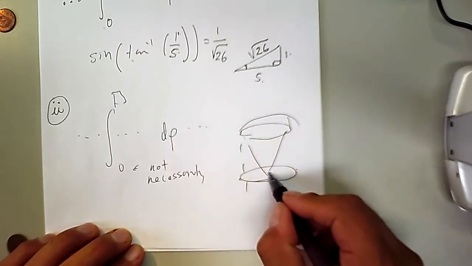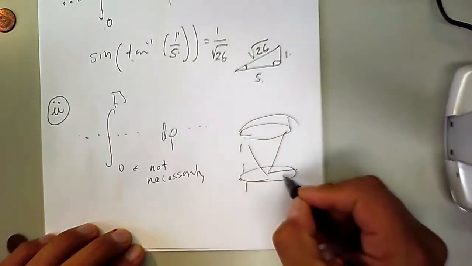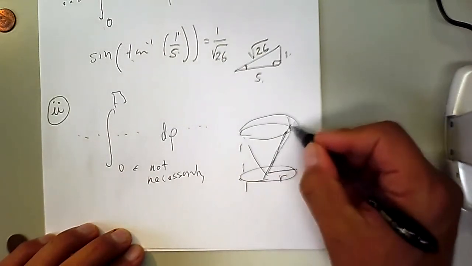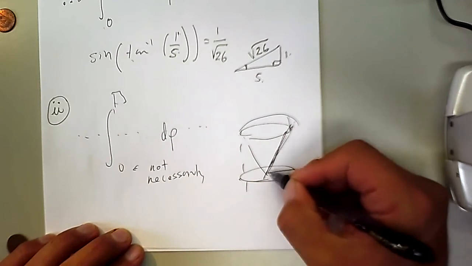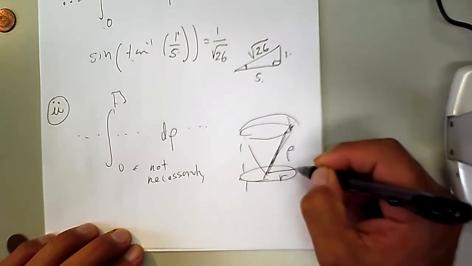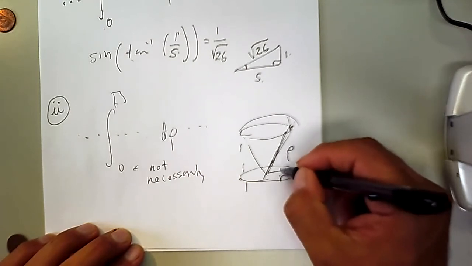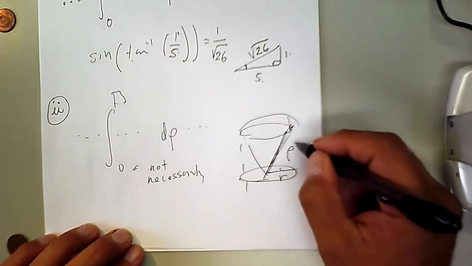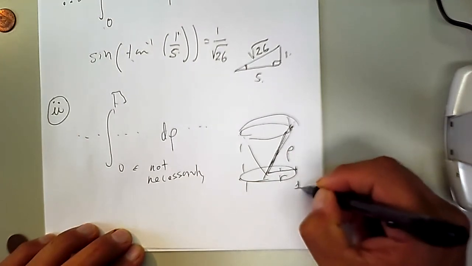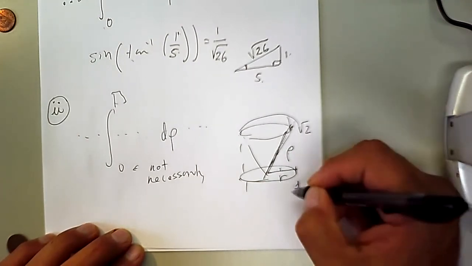Don't confuse the radius of the circle with the radius corresponding to rho, the maximum distance that rho can take, because that's going to give you the wrong answer. So in the example we finished in this video, this was 1, but this was the square root of 2.